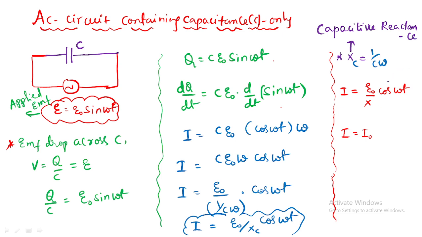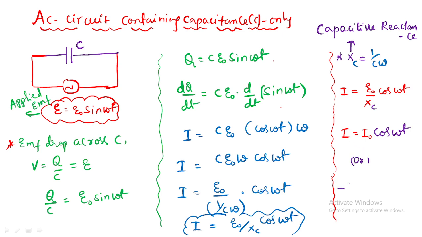It is a capacitive reactance. I is equal to I naught divided by XC, so that is nothing but cos of omega t.